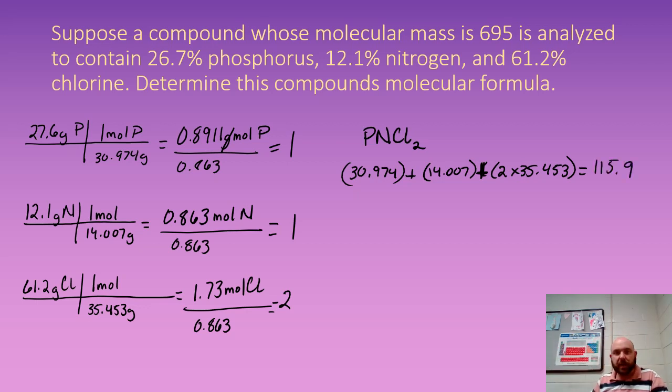About 115.9. The weight of our molecular formula is 695. So to figure out how many times our empirical formula has been reduced by, we're going to divide that 695 by the 115.9.